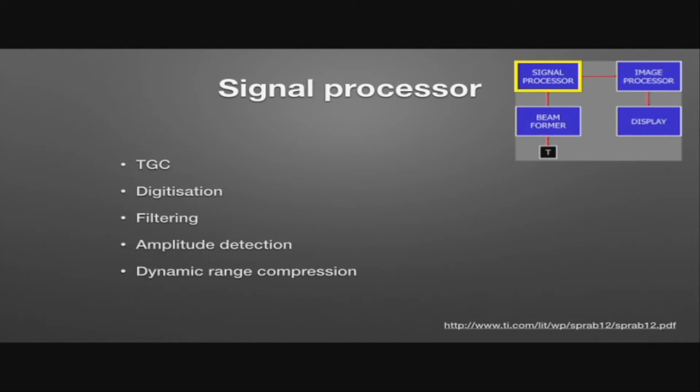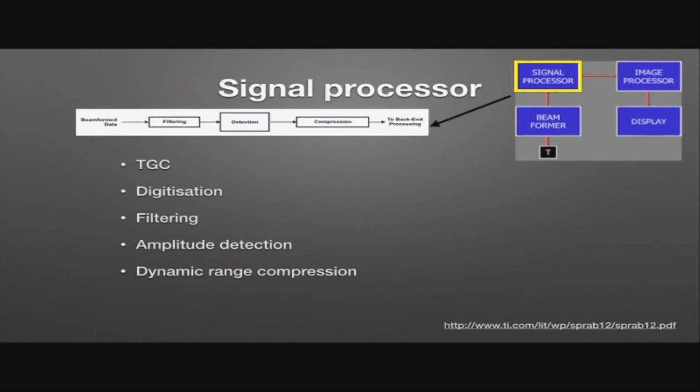Okay, so that's the transducer, transmitter, beamformer. Next in line is the signal processor, which is probably the hardest part to understand in the machine, and I'll try and take it slowly. There's a sequential format to it.